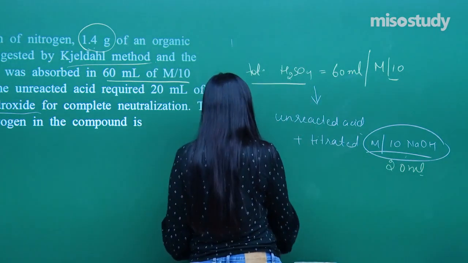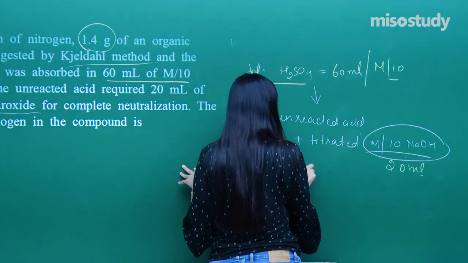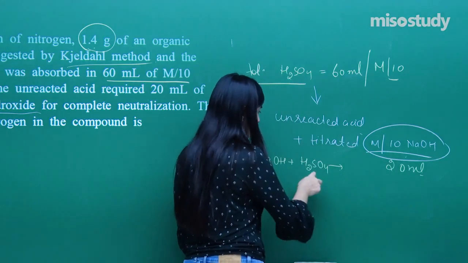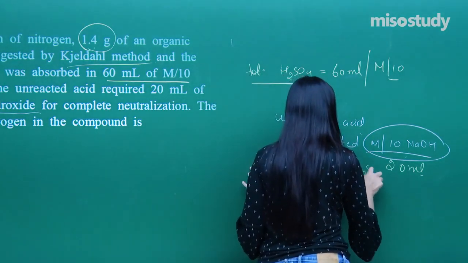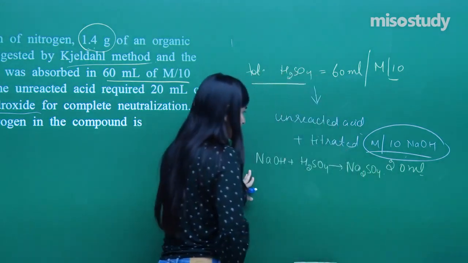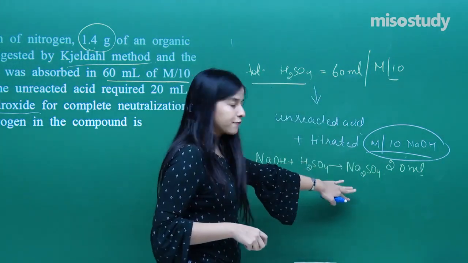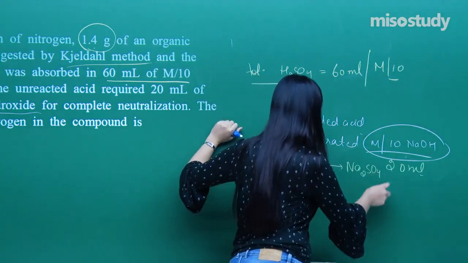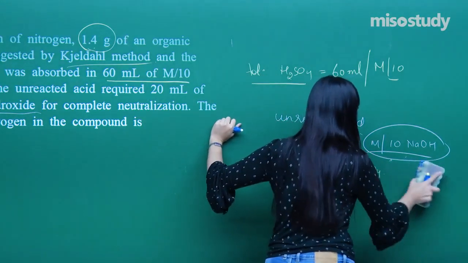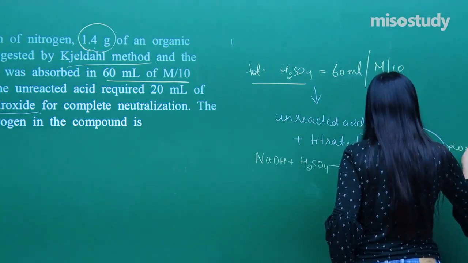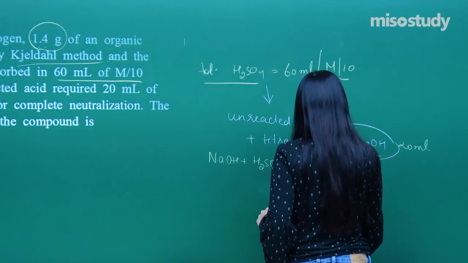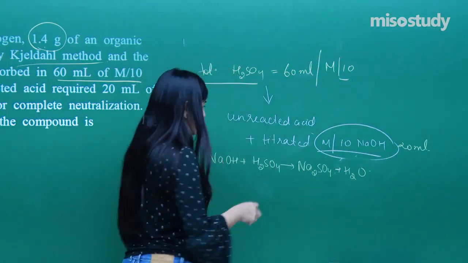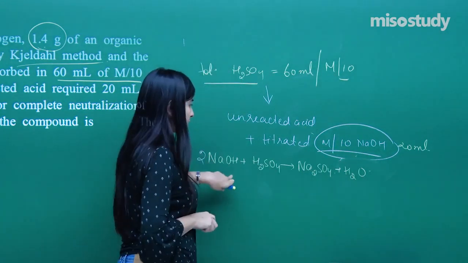Let us see how. NaOH will neutralize H2SO4 and we will be having what? Na2SO4, right? So if you just look here very carefully, what do I have? I have got Na2SO4 and along with the water. 20 ml this was. Now if I just try to properly balance the equation, what I get is twice of this, right?